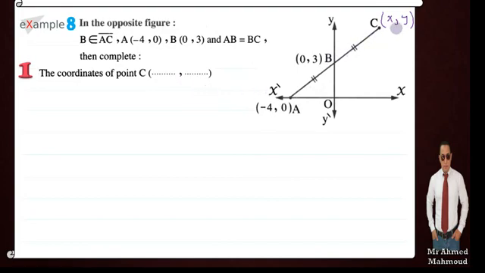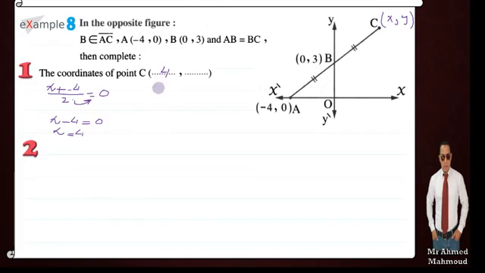Okay, then (x plus negative 4) over 2 equals 0. Send 2 there, therefore x minus 4 equals 0, then x equals positive 4.